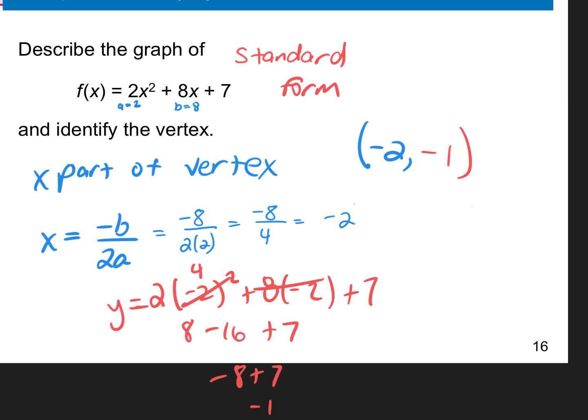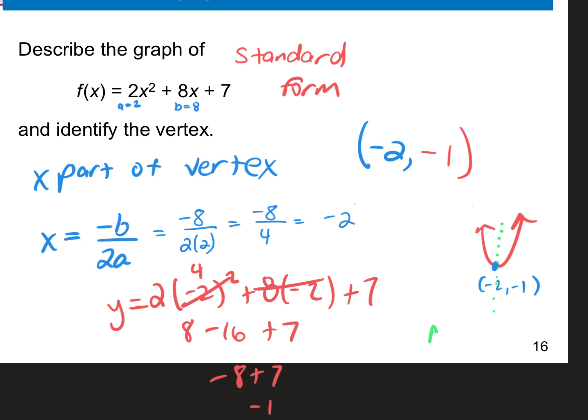Now, that told you a lot of information. How do you know a lot of stuff about this? Well, let's talk about it. What kind of a parabola is this? Positive or negative? Positive, so it's going upwards, right? So then you have determined that the vertex is right here at negative 2, negative 1, correct? Okay, so what's your axis of symmetry? What is this vertical line that's going to cut your parabola in half?